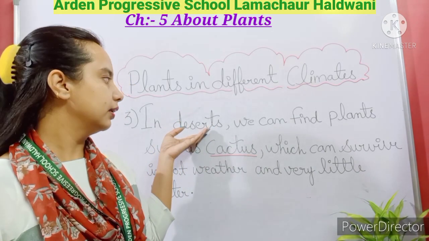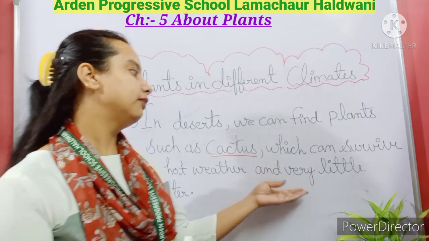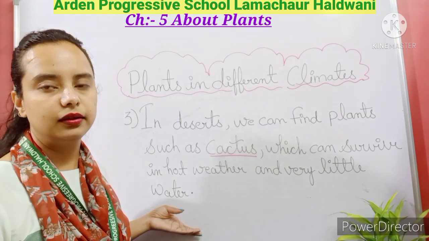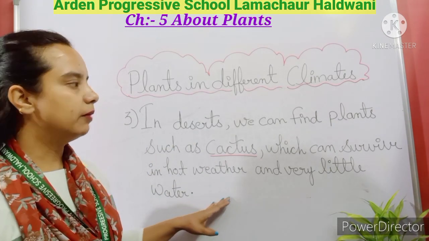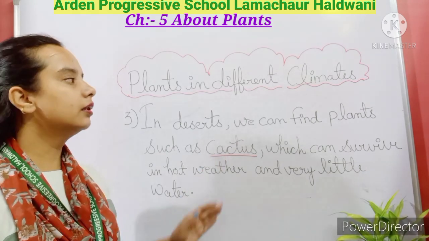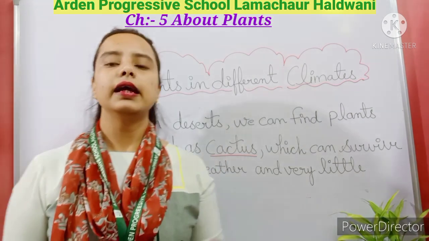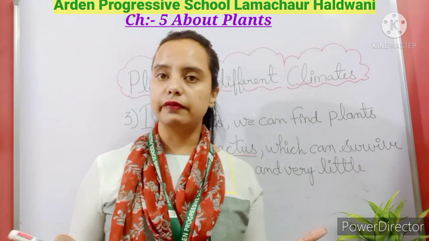Okay, and the climate of deserted areas is very hot and the availability of water is also very low there. So these are the different types of plants which can grow in different climates. In the mountain areas the climate is very cold.